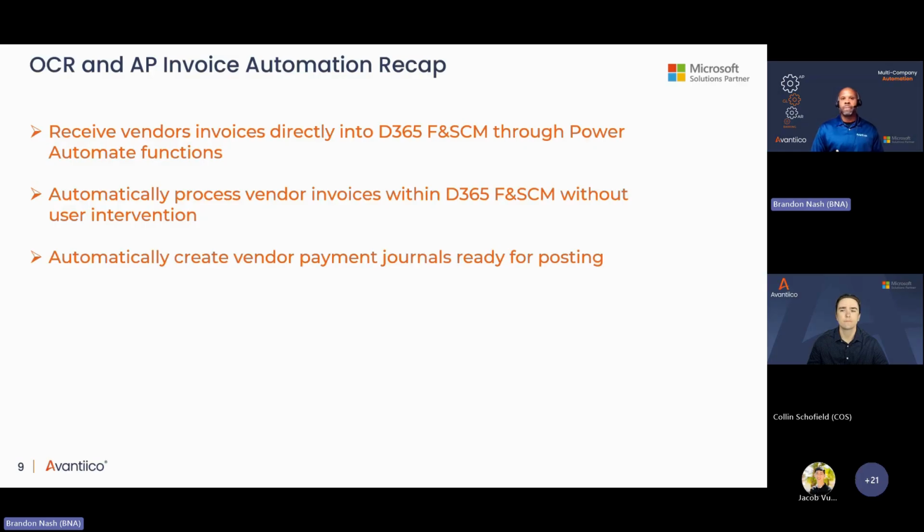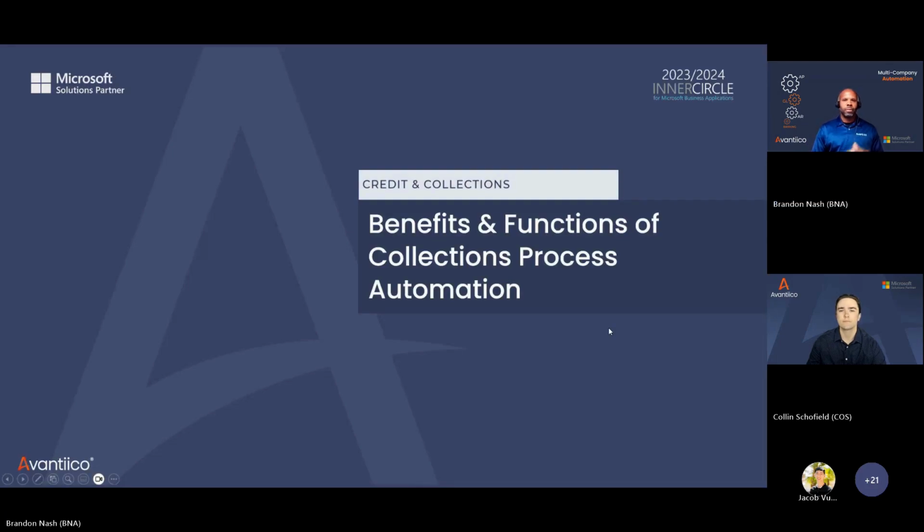Same thing with your vendor payment journals that are ready for posting. Now you have a fully autonomous end-to-end AP invoicing and payment process that requires basically two intervention steps by your users. If there are no questions in the background, I'm going to keep moving and pick up with our collections process automation in terms of credit and collections for your customers.